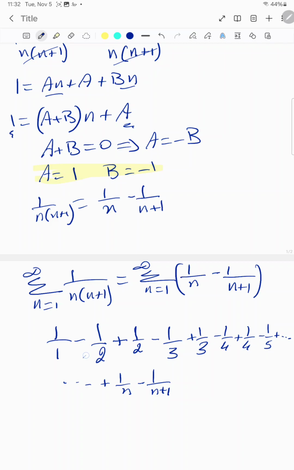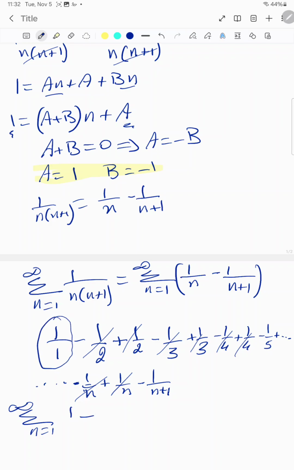So I realize minus 1 half plus 1 half, minus 1 third plus 1 third, minus 1 over 4 plus 1 over 4, and minus 1 over 5, and then here I would have minus 1 over n plus 1 over n. So for my series, the sum from n equal to 1 to infinity, I would have this term, which is 1, minus that term, 1 divided by n plus 1.